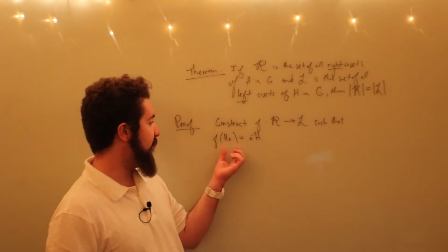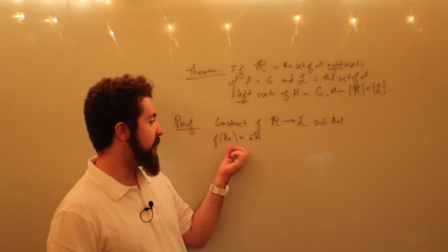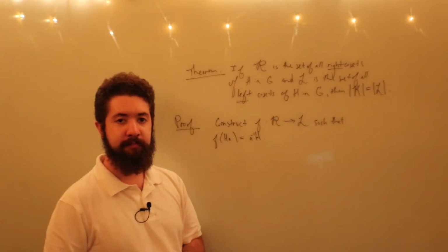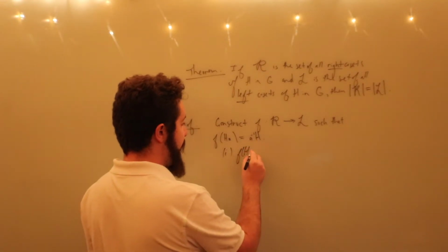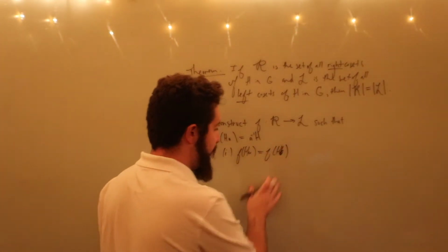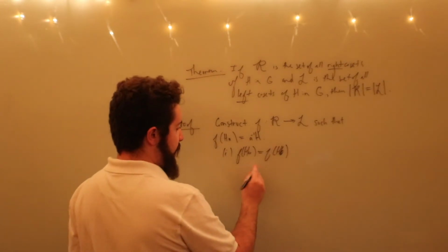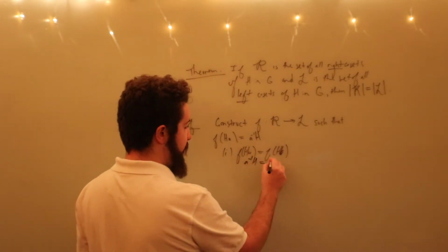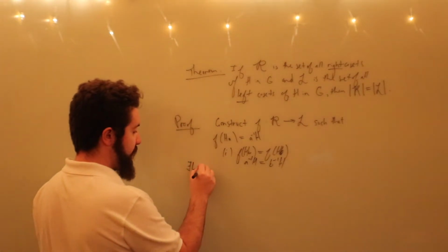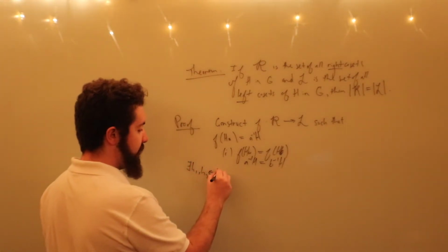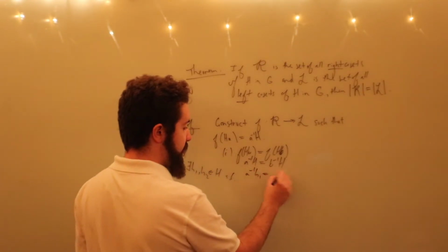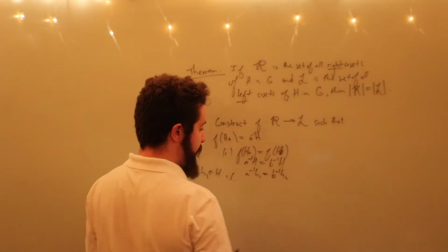And we're going to do this by defining f of H A equal to A inverse H on the left. So now let's suppose f of HA is equal to f of HB. We want to show that this is going to be a one-to-one mapping. So A inverse H is equal to B inverse H. And that means that there exist h1 and h2 in the subgroup H such that A inverse h1 is equal to B inverse h2.